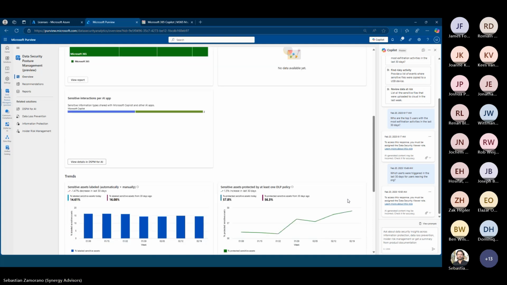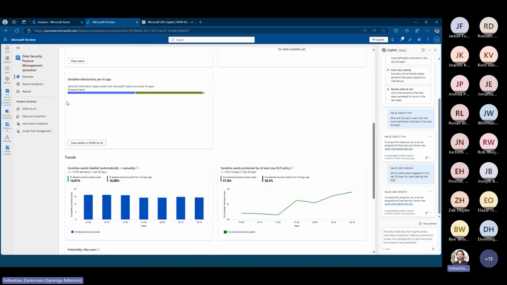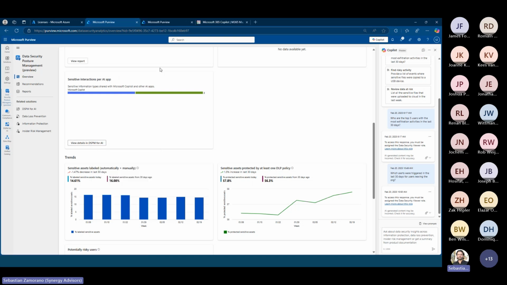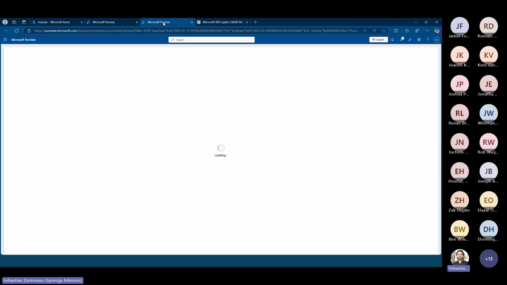Here we can get more details on DSPM for AI, and I can see the different interactions with the different AIs. For that reason, when I was showing one of the initial diagrams, all of this is totally integrated.